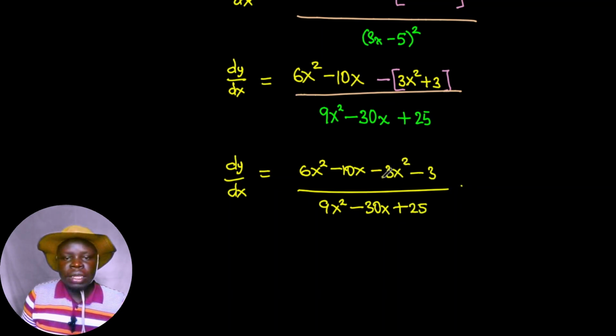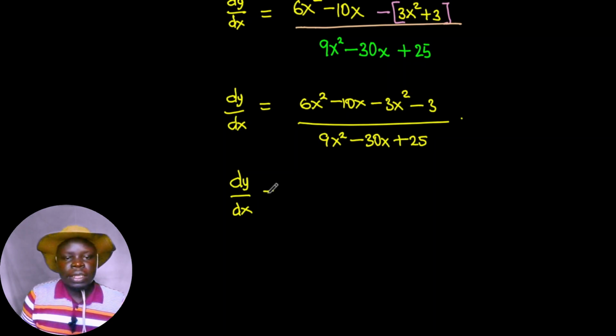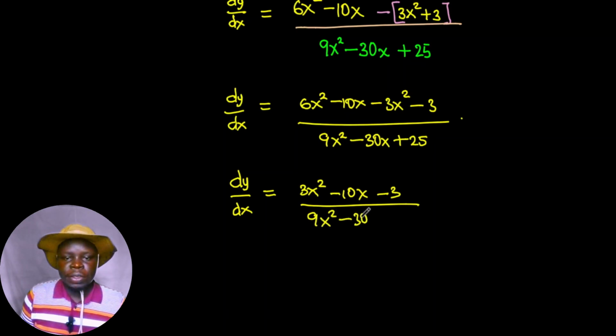Now from here, we can simplify these terms. Subtracting 3x squared from 6x squared, we get 3x squared, and here we have minus 10x, and minus 3, all over 9x squared minus 30x plus 25.